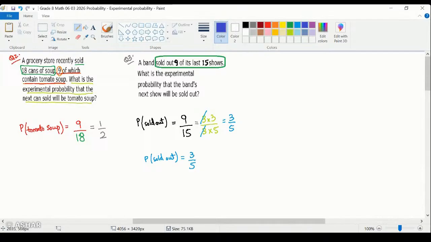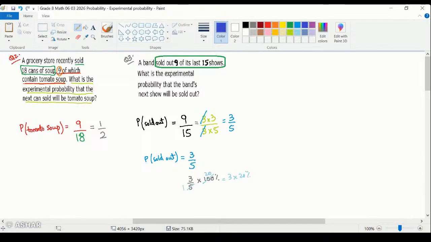We write 3 upon 5. Whenever we change anything into percentage, we multiply by 100%. 5 times 1 is 5 times 20. We write 3 into 20%.